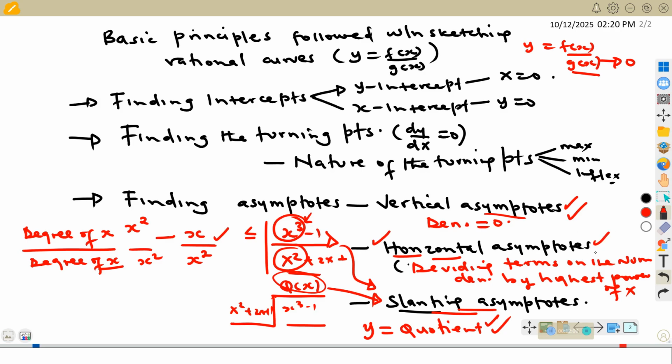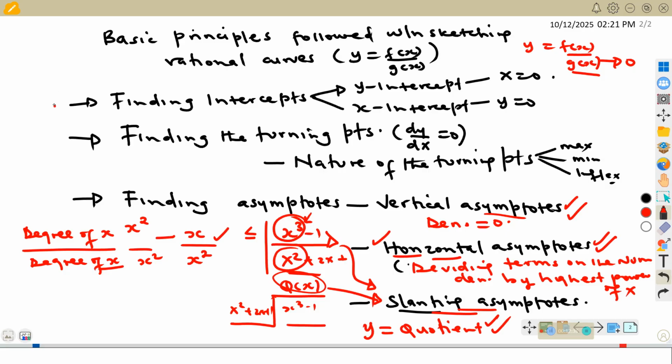So do you expect the horizontal asymptote? That is when the degree of x in the numerator is less than or equal to the degree of x in the denominator. If the degree of x in the numerator is greater than the degree of x in the denominator, then you expect to have the slanting asymptote. Then you divide the two, and what you obtain as your quotient becomes your slanting asymptote. So basically that is how we obtain the asymptotes.